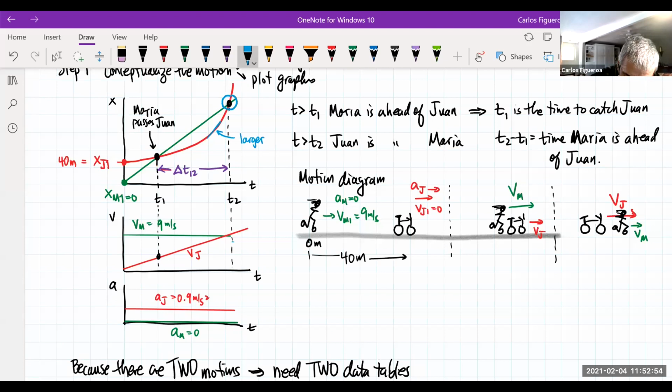So therefore, at this point, the speed has to be higher than Maria's. So if I take that red curve out, at that point, because the slope is steeper, the velocity has to be higher.